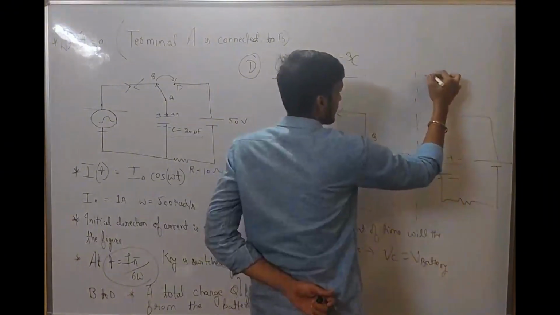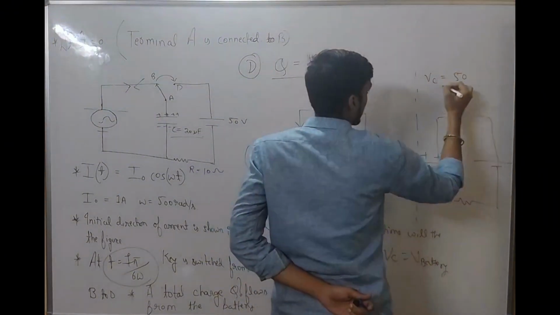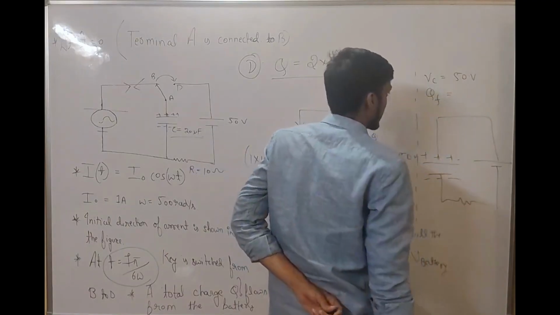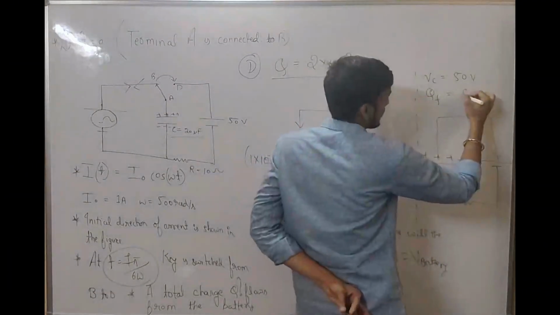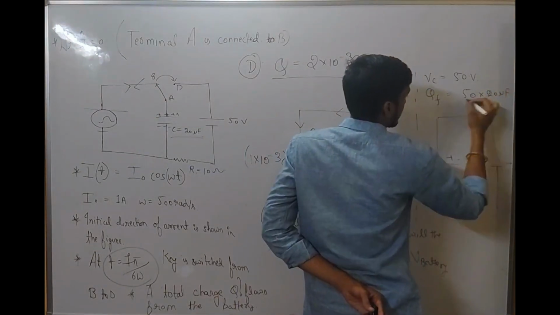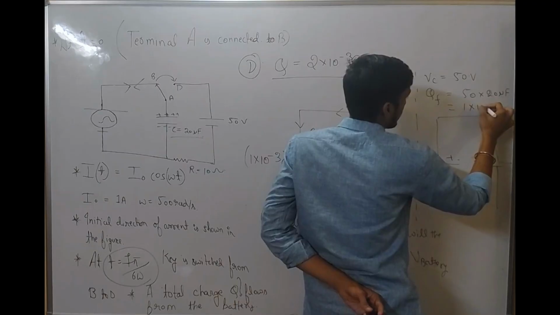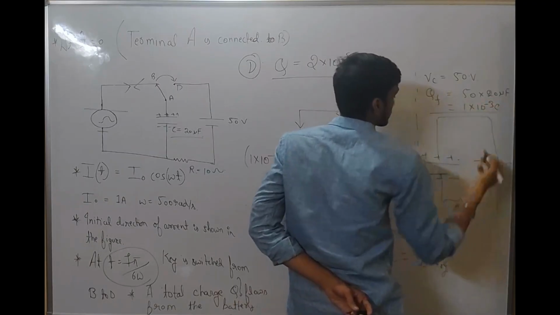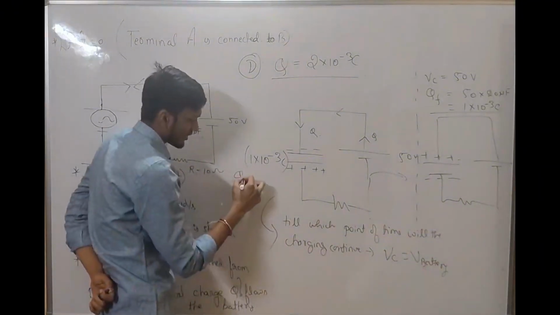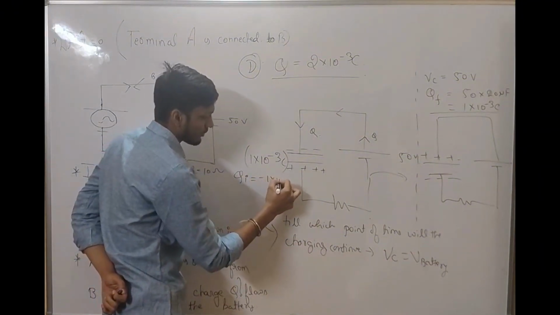So if VC is 50 volt, definitely it now has Q final, it now has charge equal to 50 into 20 microfarad. And this will give me 1 into 10 power minus 3 coulomb. Initially it had minus 1 into 10 power minus 3 coulomb.